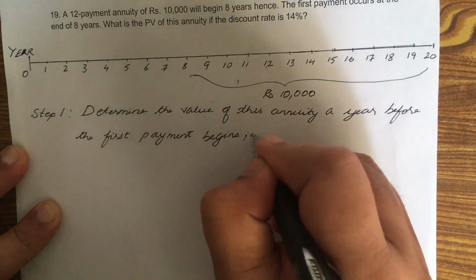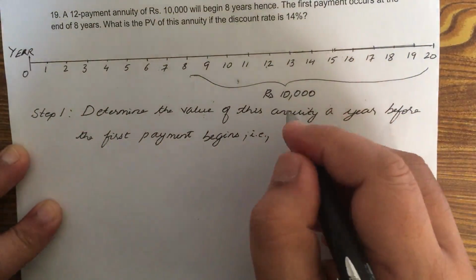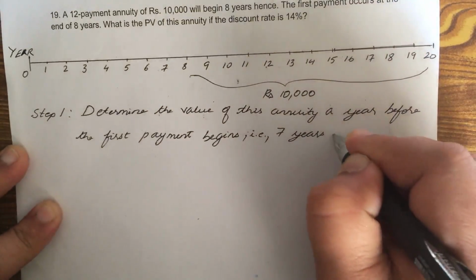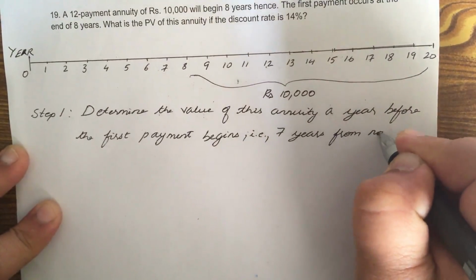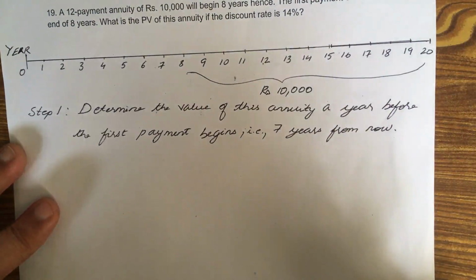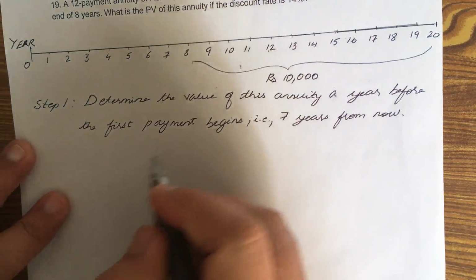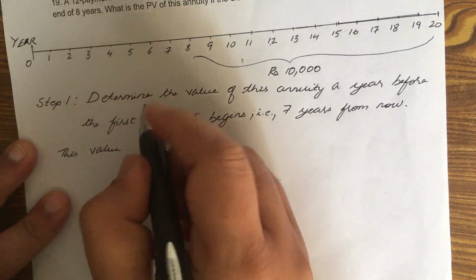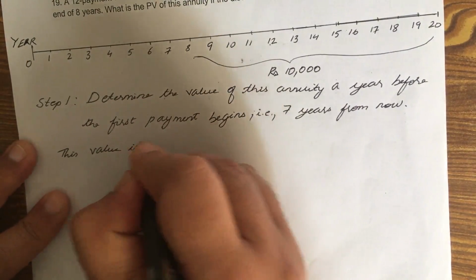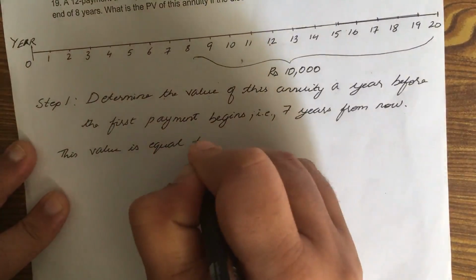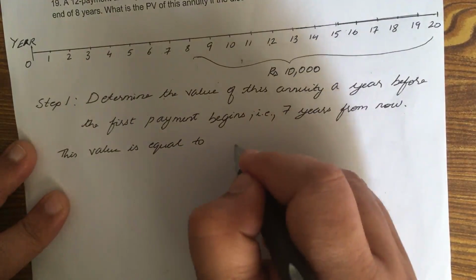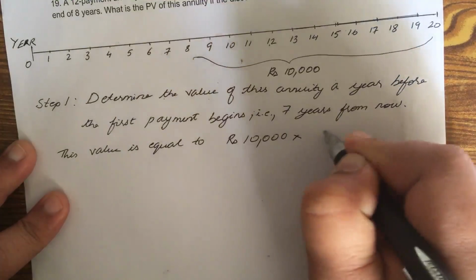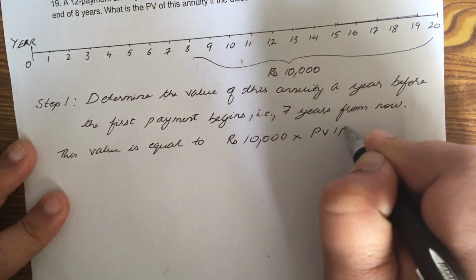That is 7 years from now. All right. So this value is equal to rupees 10,000 times PVIFA.